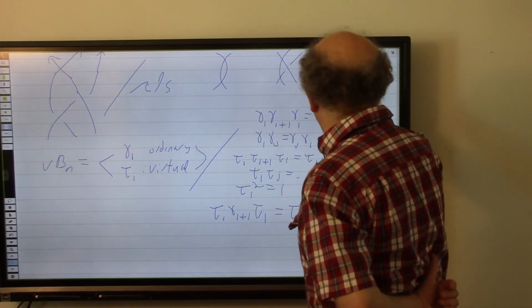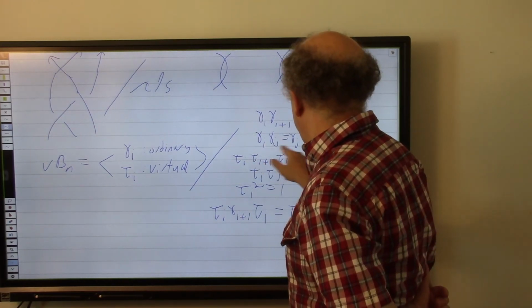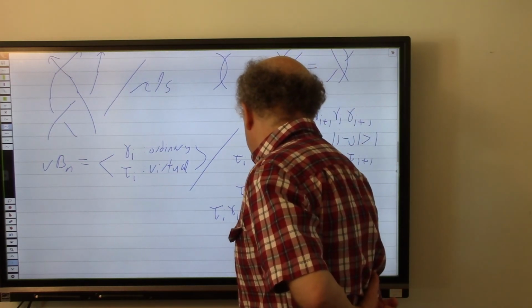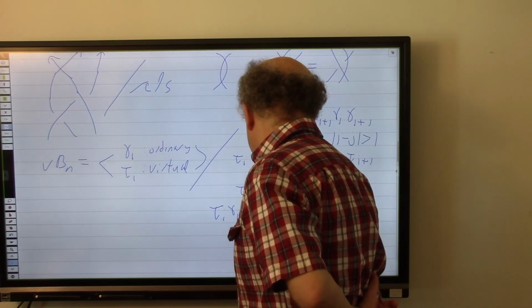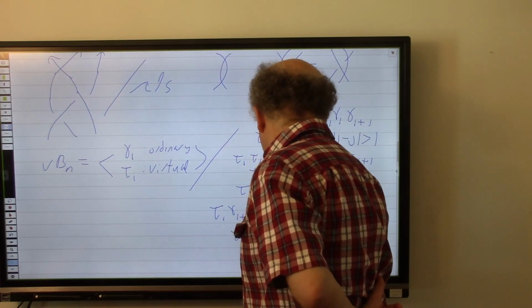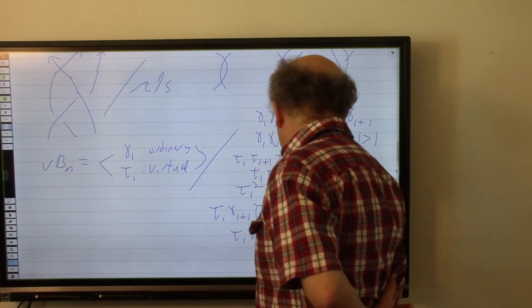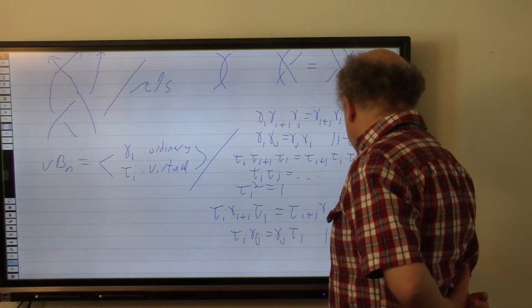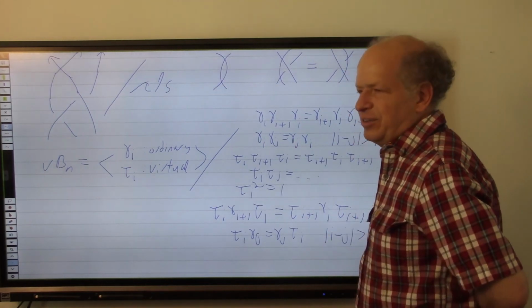And then there is another, non-interesting relation mixing gamma and tau: tau_i gamma_j is equal to gamma_j tau_i, provided they're far away, so if the absolute value of i minus j is greater than 1. And I think that's it.